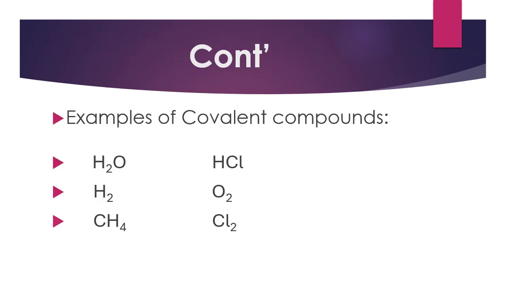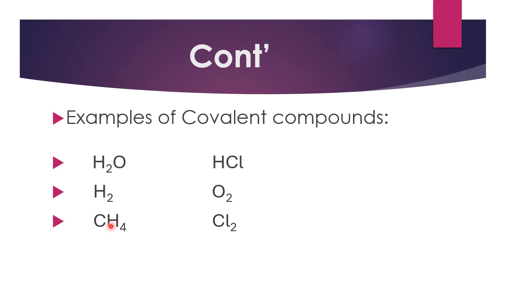Here we have different examples of covalent compounds. We have water. This is a compound formed between non-metal and non-metal. We have hydrogen. Hydrogen is a diatomic element. That's why the bond between those two hydrogen atoms is the covalent bond.